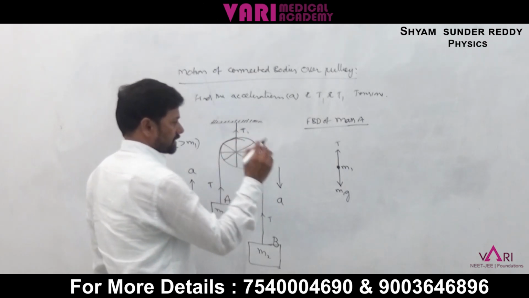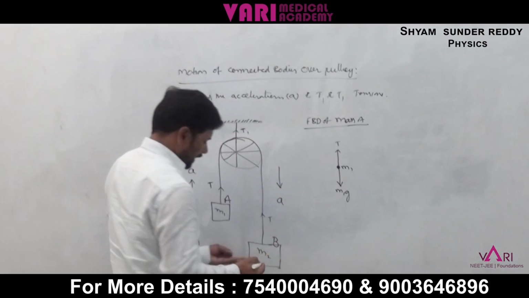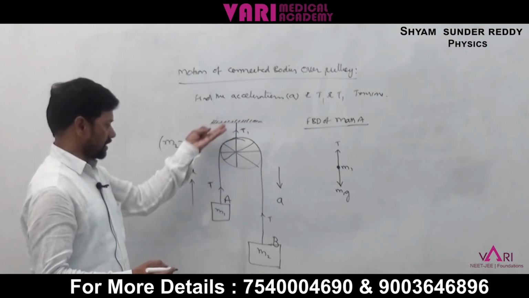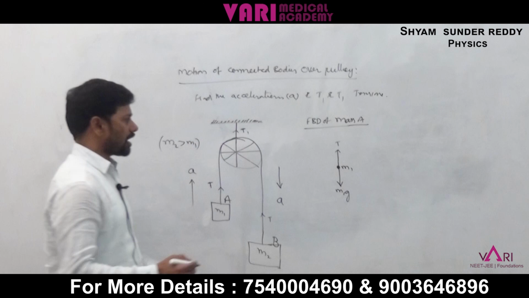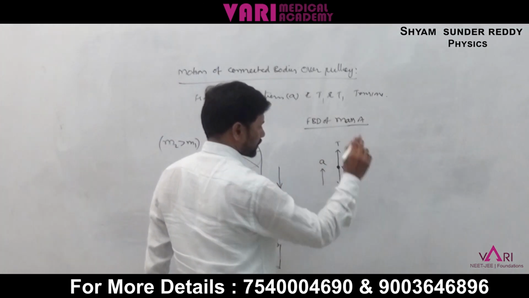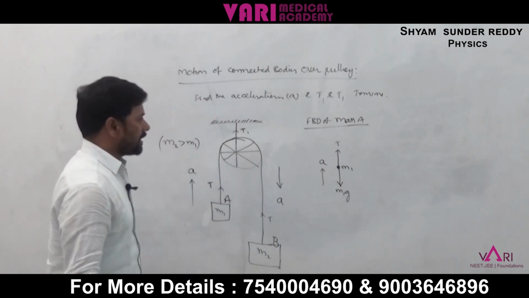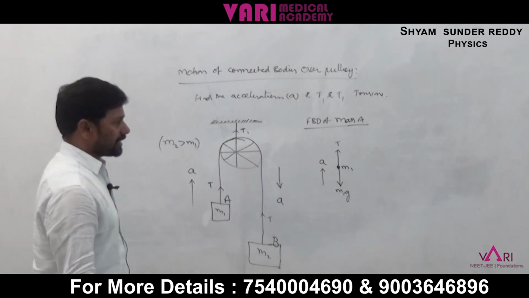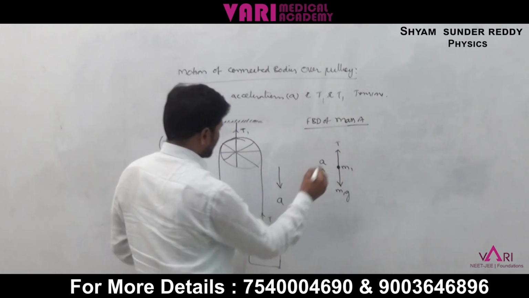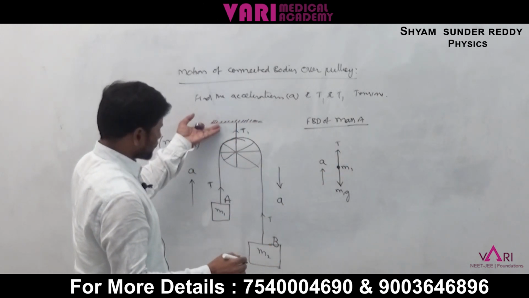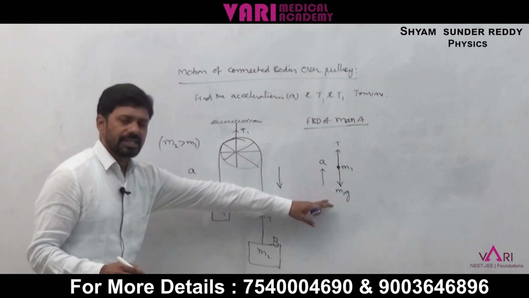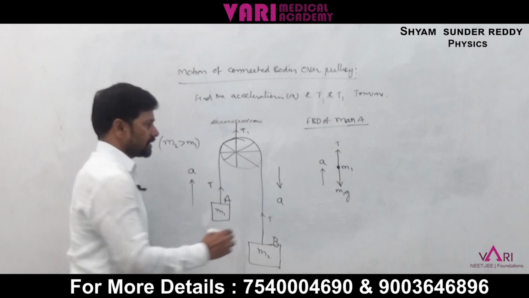Here M2 is more and M1 is less, that's why M1 is moving in the upward direction, so the acceleration is in the upward direction. From this we need to write the equation. It is moving upward, which means tension is more and M1g is less.